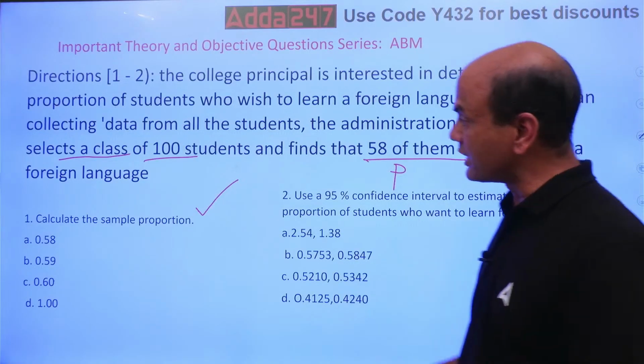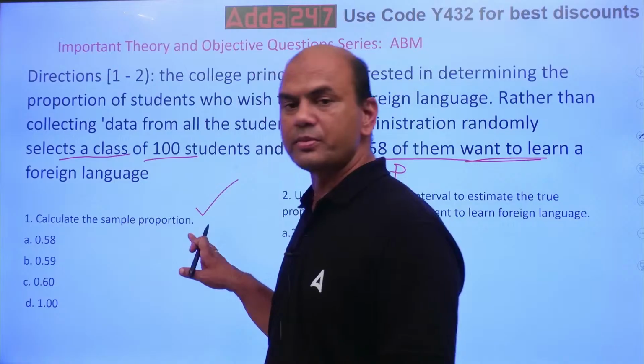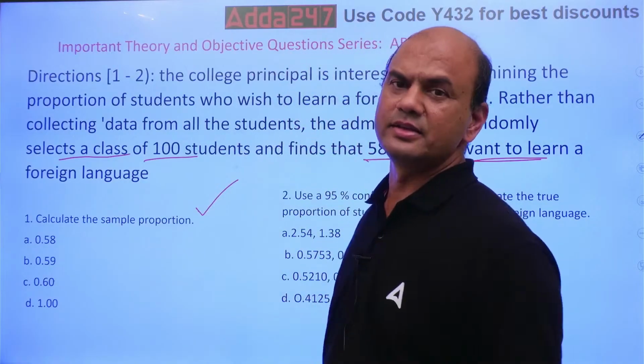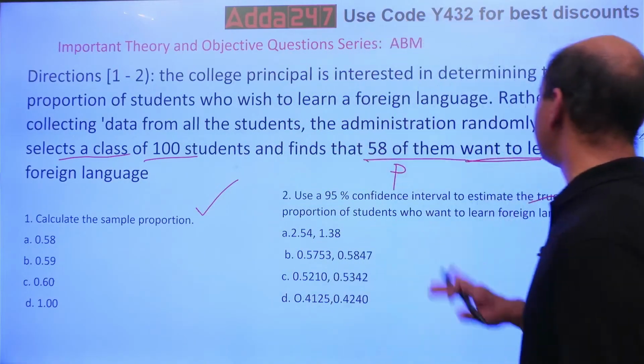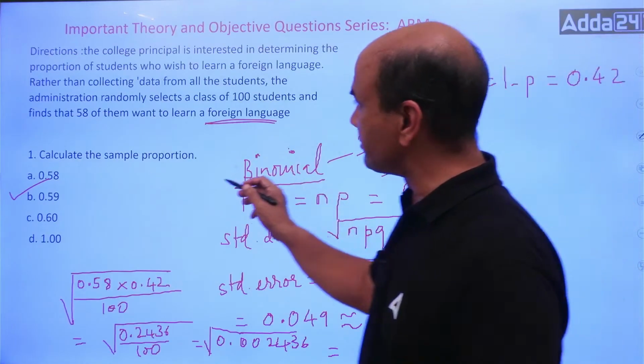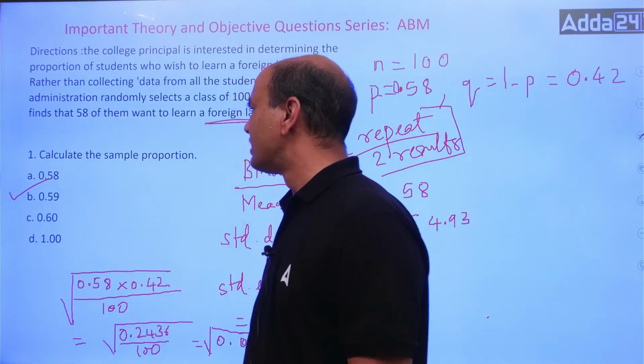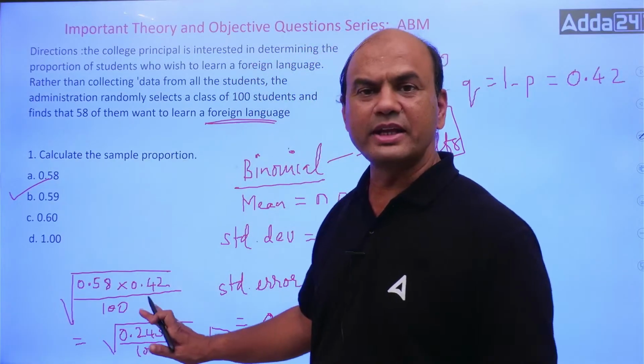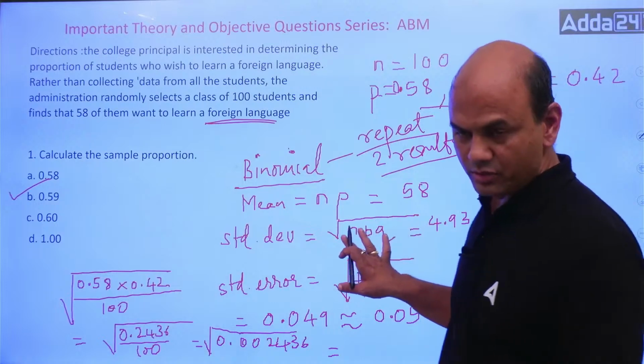Now let's look at the first problem: calculate the sample proportion. Very easy. See, all these calculations I have given as extra. Don't look at them right now.